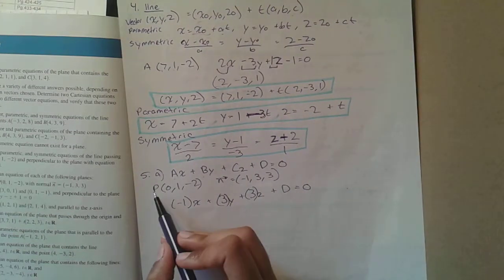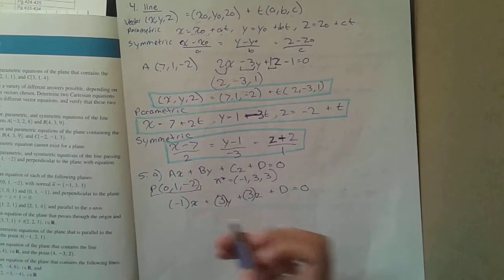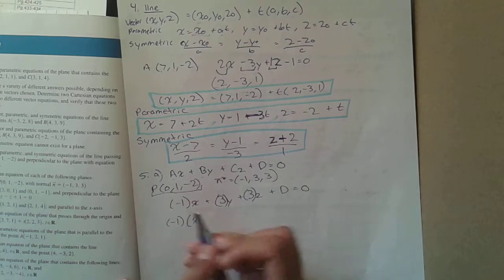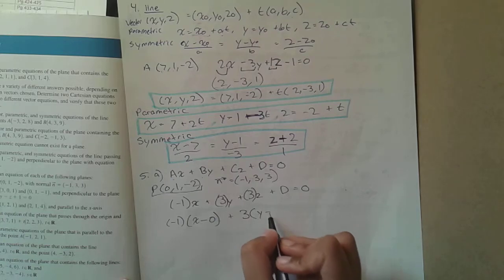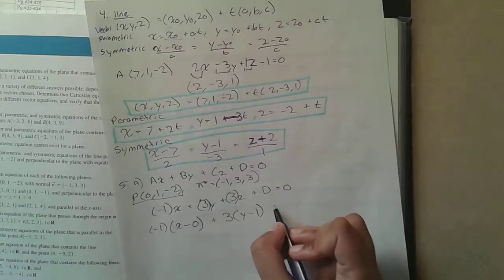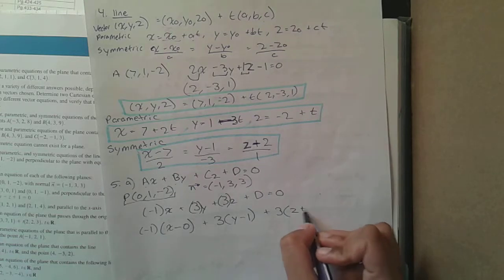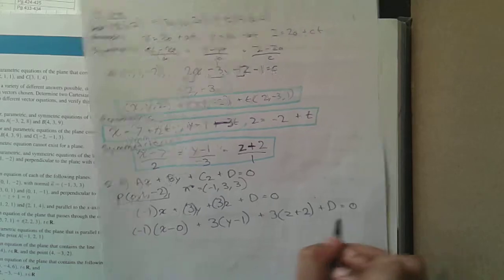And then we subtract this point P from the x, y, z. So we have negative 1 times x minus 0, plus 3 times y minus 1, plus 3 times z minus 2, so it's plus 2, plus d equals 0.